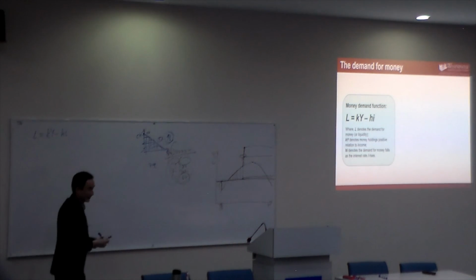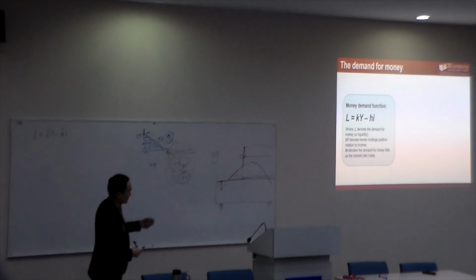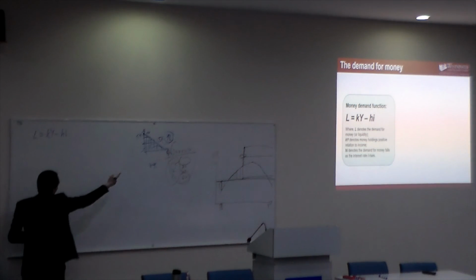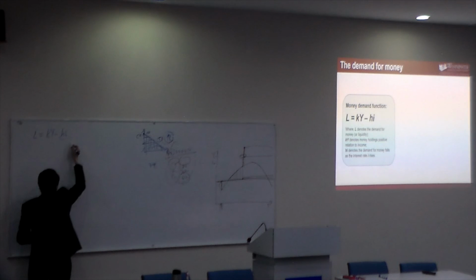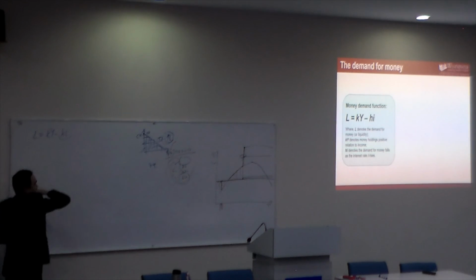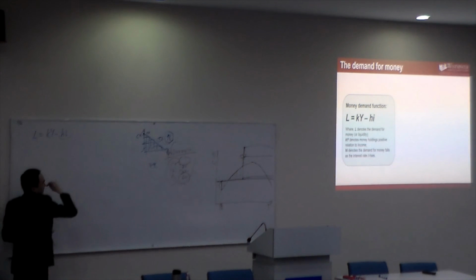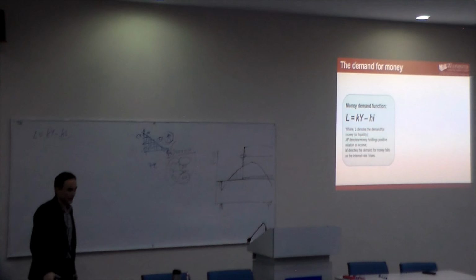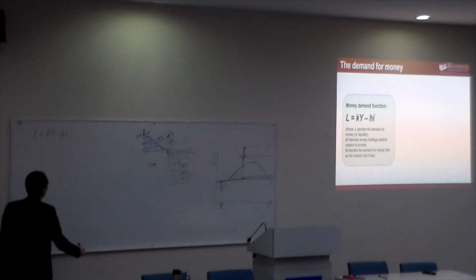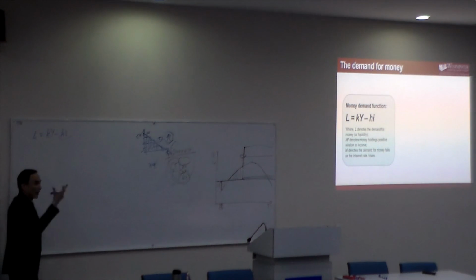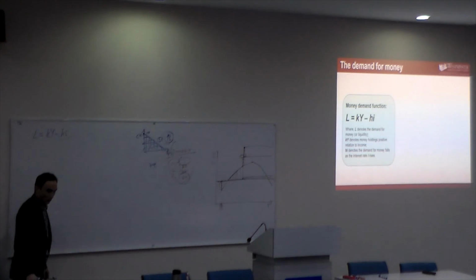As we already discussed, it has a negative correlation with the interest rate: high interest rate, less demand. What about higher income? More demand, because if you have high income, your spending will be accordingly more.